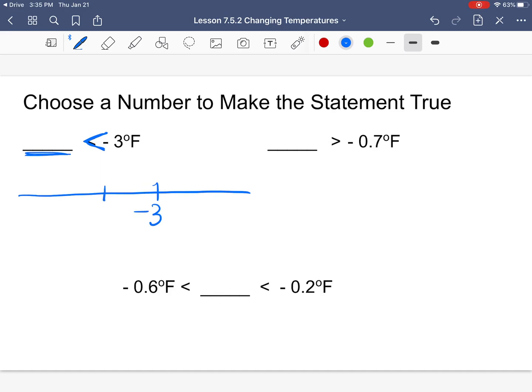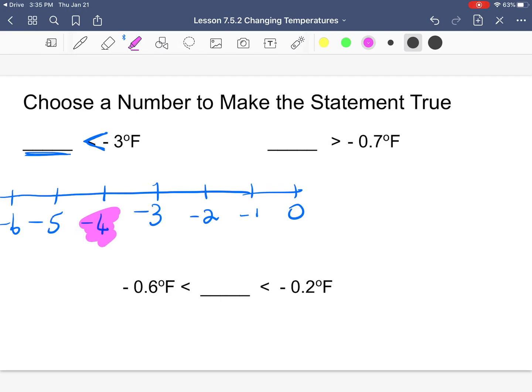To the left of it are the numbers that are less than it: -4, -5, -6, and so on. And to the right of it are numbers that are greater than it. And we're looking for a number that's less. So I'm just going to pick the first number below -3. I'm going to say -4 is less than -3.